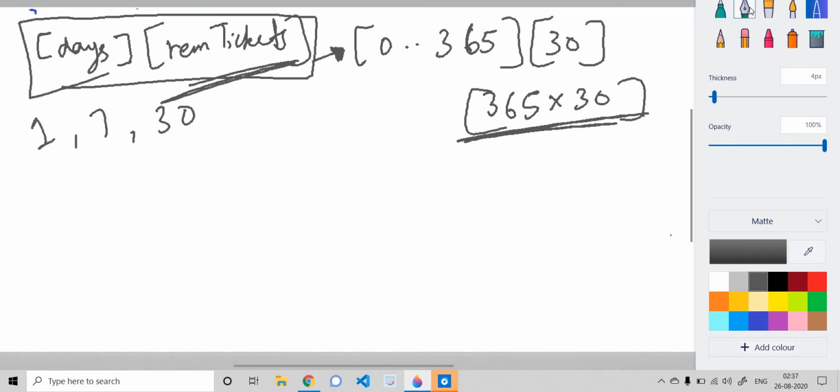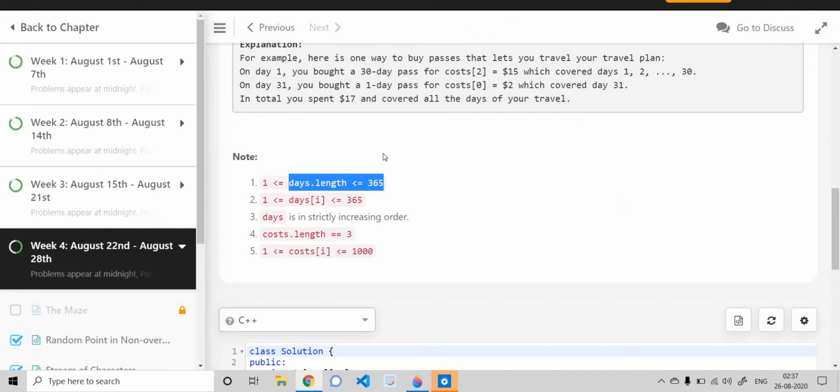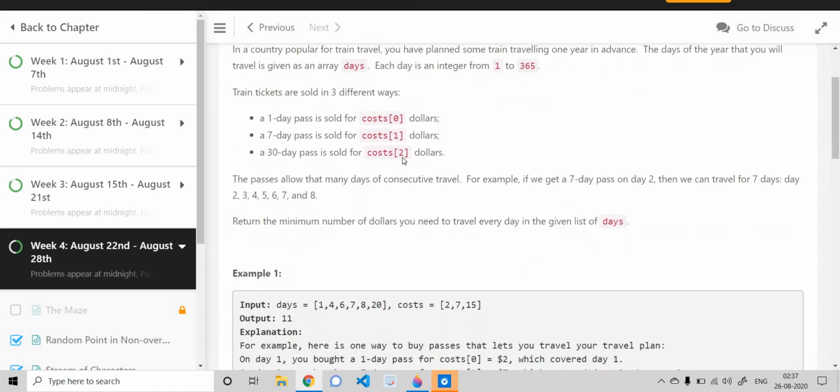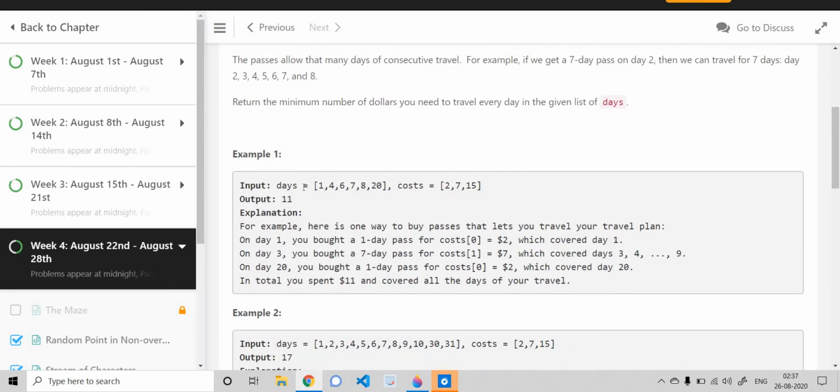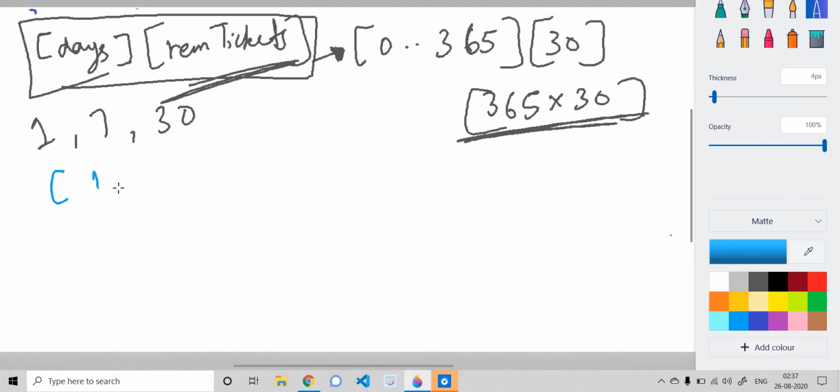Now let's try to solve our problem. Suppose we are on the days array. Let's take the example which was mentioned here: 1, 4, 6, 7, 8 and 20.